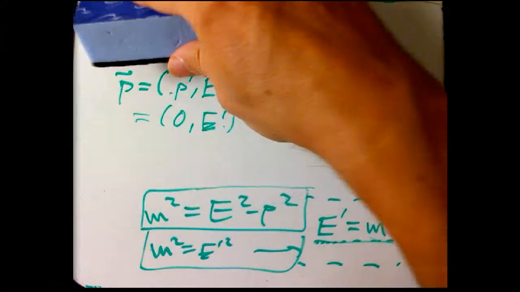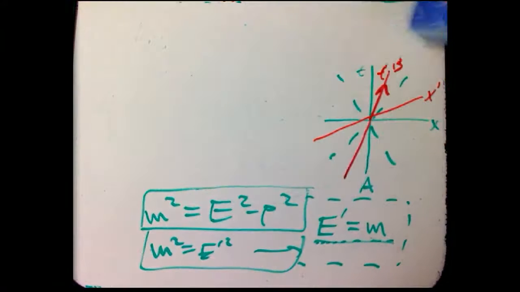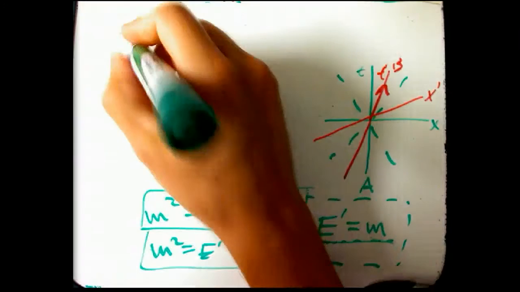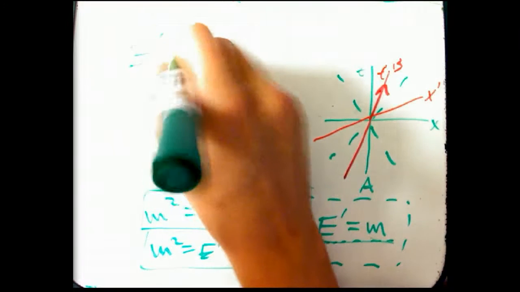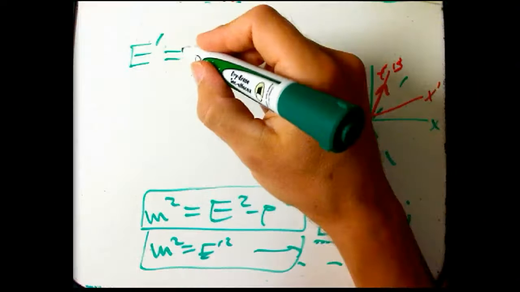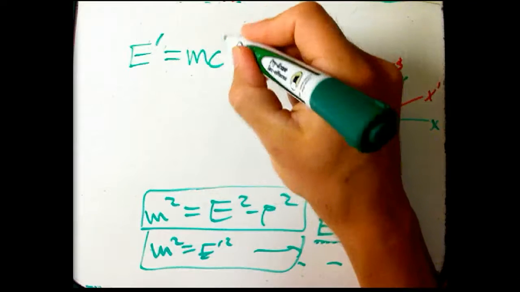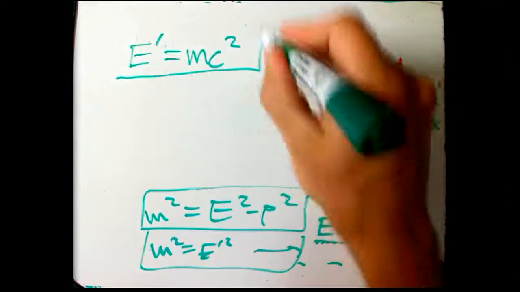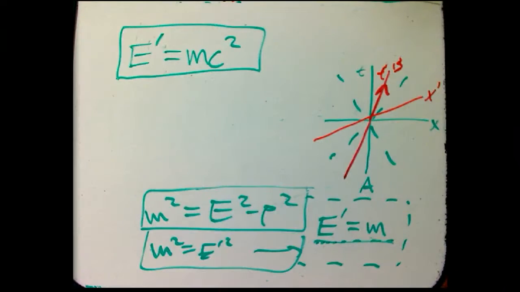If we just put back the c so as to make the units right, I could do a careful derivation of that, but I'm just going to do it the physicist way. Just put in whatever makes the units work. If we actually let c not equal 1, the way to get the units right is that E is mc squared. Okay. So what does this mean?